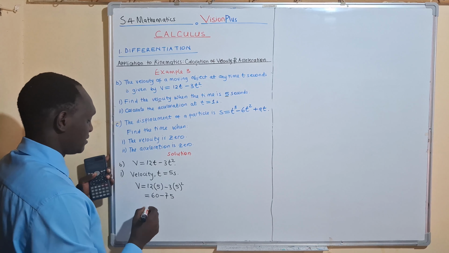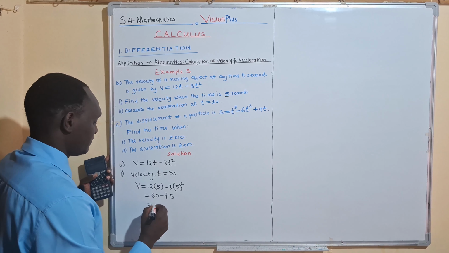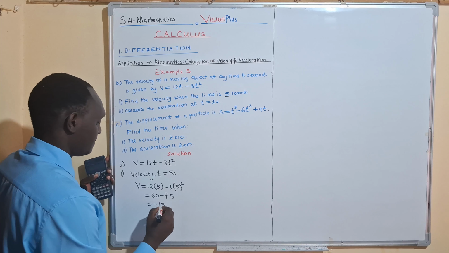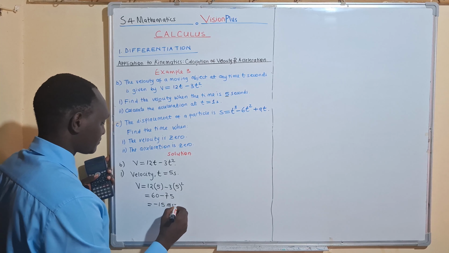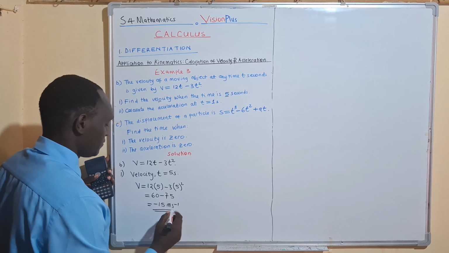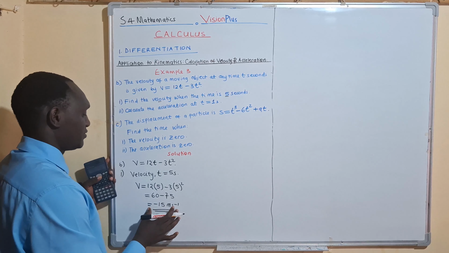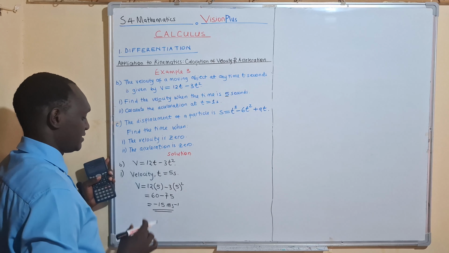Then we subtract, 60 minus 75 gives us negative 15 meters per second. So this is the velocity when the time is 5 seconds.